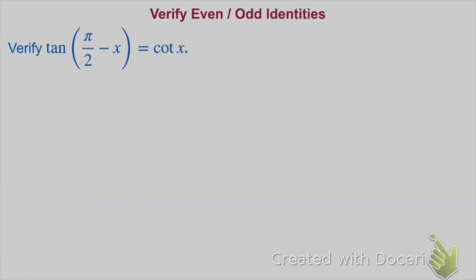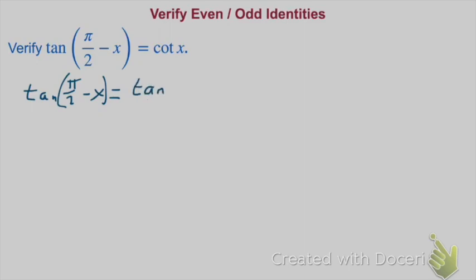Here it says to verify tangent of pi halves minus x equals cotangent x. For this one, we need to use our tangent identity, and it's our difference. We take tangent of pi halves minus x. We want to show it equals cotangent, so we're going to change the tangent of pi halves minus x and use our difference identity.